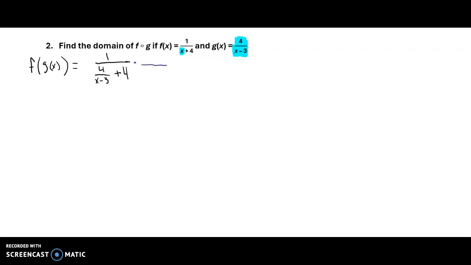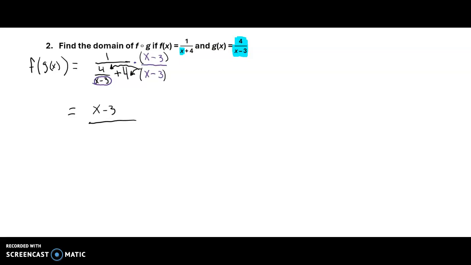So we have a denominator here that I want to get rid of. What I'm going to do is multiply both the numerator of the big fraction and the denominator of the big fraction by x minus 3. The numerator, 1 times x minus 3, is x minus 3, and then we distribute x minus 3 to each part of the lower part of the fraction.